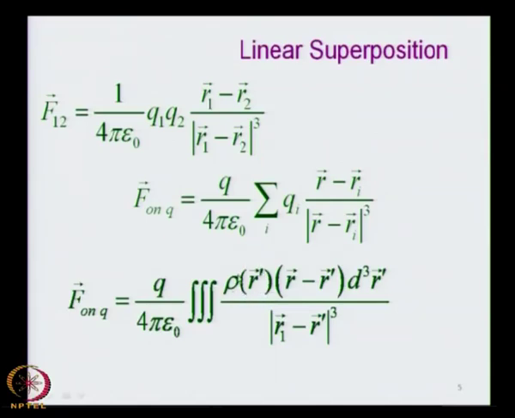So, this is charge per unit volume, this multiplied by the volume element d3 r prime gives you the net charge in that volume element, and this multiplied by the r minus r prime vector divided by the cube of the distance, which is what gives you the 1 over r square. So, this together once again is essentially the inverse square law, but it has been adapted not just for point charges, but also for continuous charge distributions.